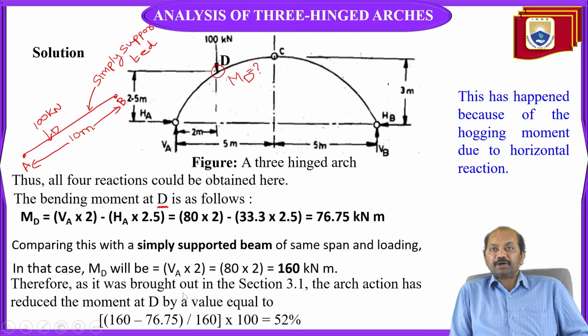Therefore, as brought out in the section, arch action reduces the moment. Because of this arch shape, the bending moment is reduced at D by 52%. 160 is the simply supported bending moment and 76.75 is the bending moment in the arch; the reduction divided by 160 into 100 gives 52% of the bending moment reduced in the case of the arch.